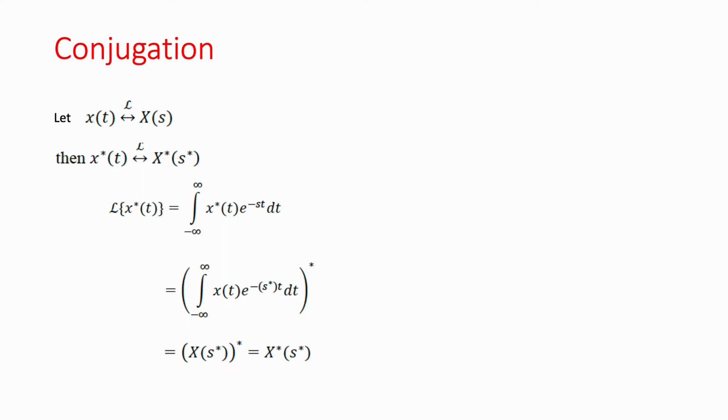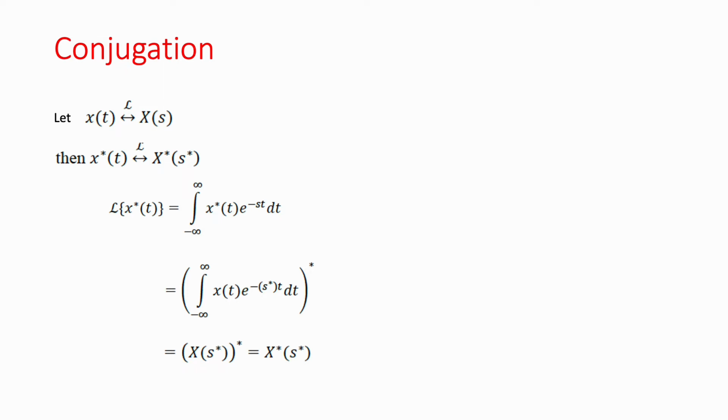Now we can take the Laplace transform. You all know the Laplace transform formula. Instead of x of t, what is our input signal? x star of t. So you substitute x star of t for x of t. Here x star, the star, denotes the conjugate.